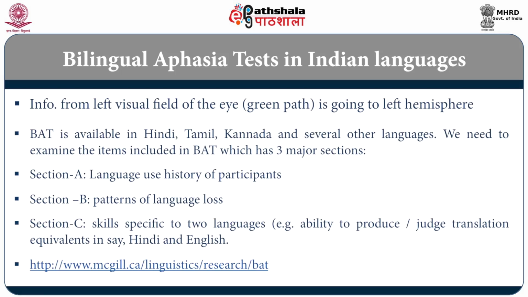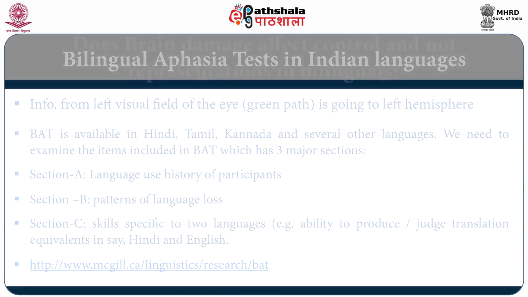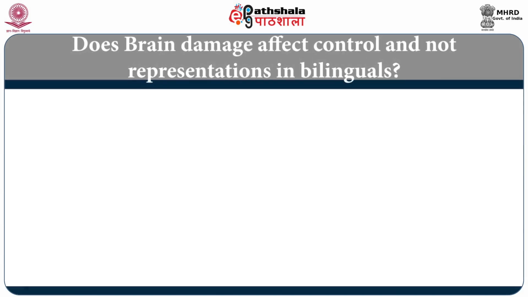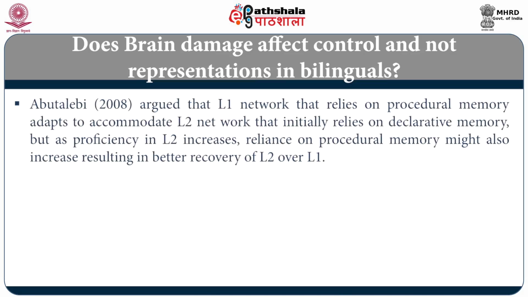So, coming towards the end of my lecture, the question that we need to ask ourselves on this topic is, does brain damage affect control and not representations in bilinguals? Because there is a proposal made by one researcher, Abutalebi, in 2008, where he argued that the cortical network involved in learning the first language relies on procedural memory and adapts to accommodate the second language.